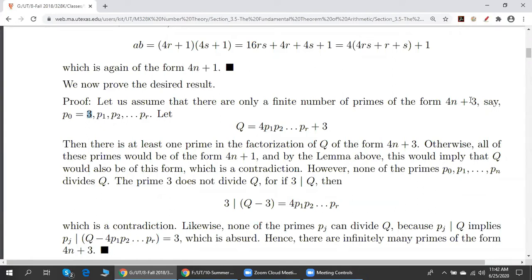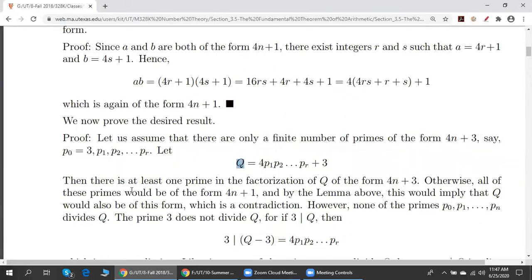Why we need this construction? We will see it in a moment. But the point is, if we consider this, we will be able to get a contradiction. Note that we need a contradiction because we assume to the contrary that there are only a finite number of primes of this form. So consider this.